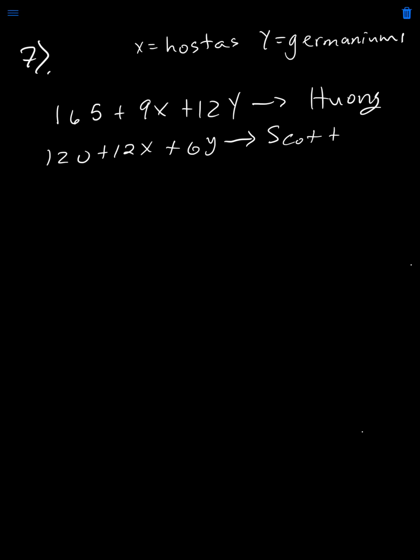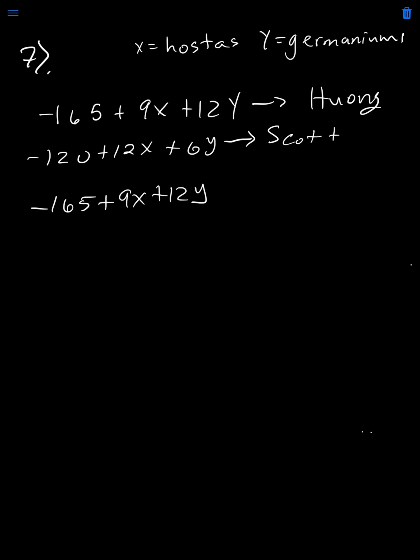Now, the question says to find the cost of one hosta and the cost of one geranium. So if they spent, I believe that would make these a negative, but I could be wrong. You basically have 2 equations right there, so I would go ahead and do the elimination method.